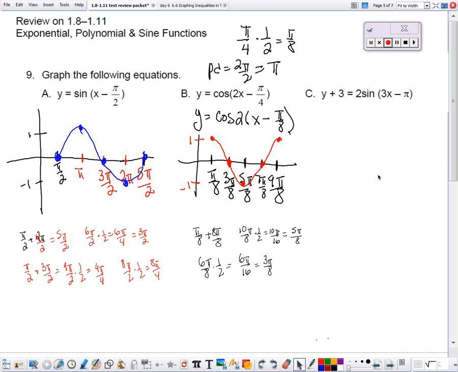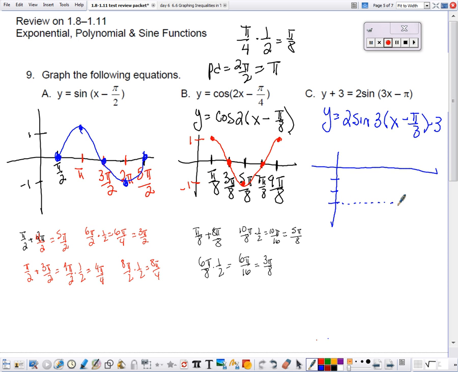And last but not least, C. I have to reorganize some of this as well. So when I make my graph, I'm going to start down at -3. I like to put a dotted line to help me remember that's my middle.